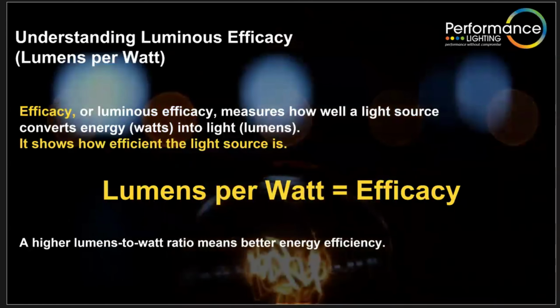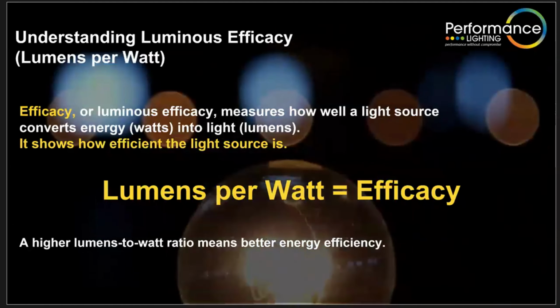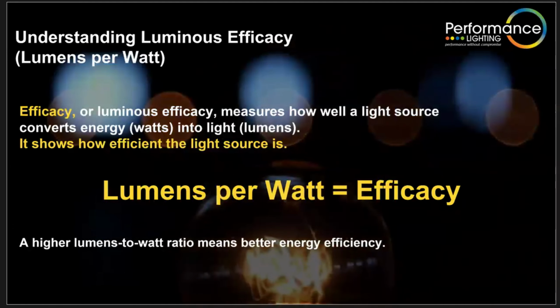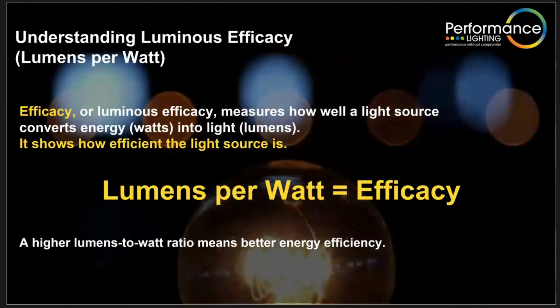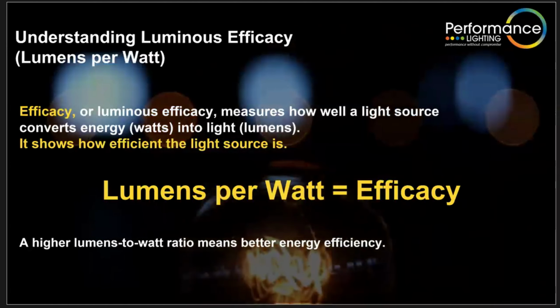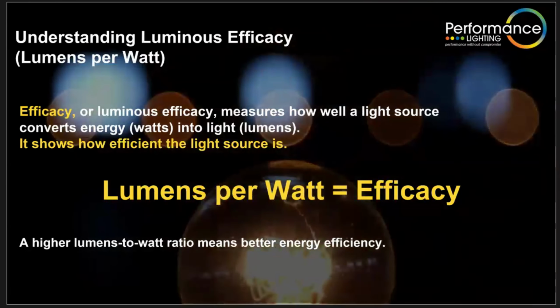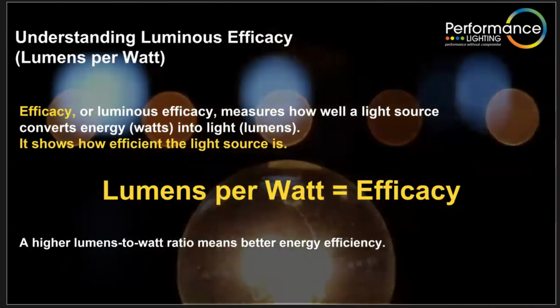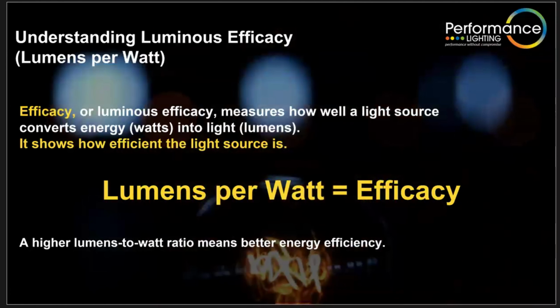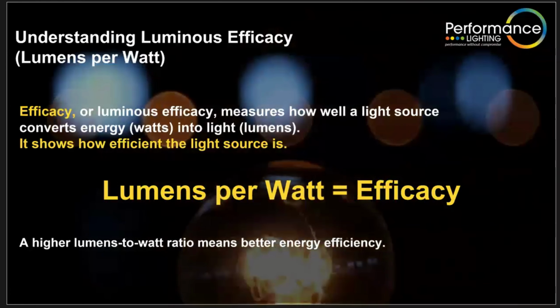So lumens versus watts. This is, I guess, the crux of the webinar, and what's important. So we've established what a watt is, I like that pun, and what a lumen is. Now we can discuss why comparing lumens versus watts is really important.